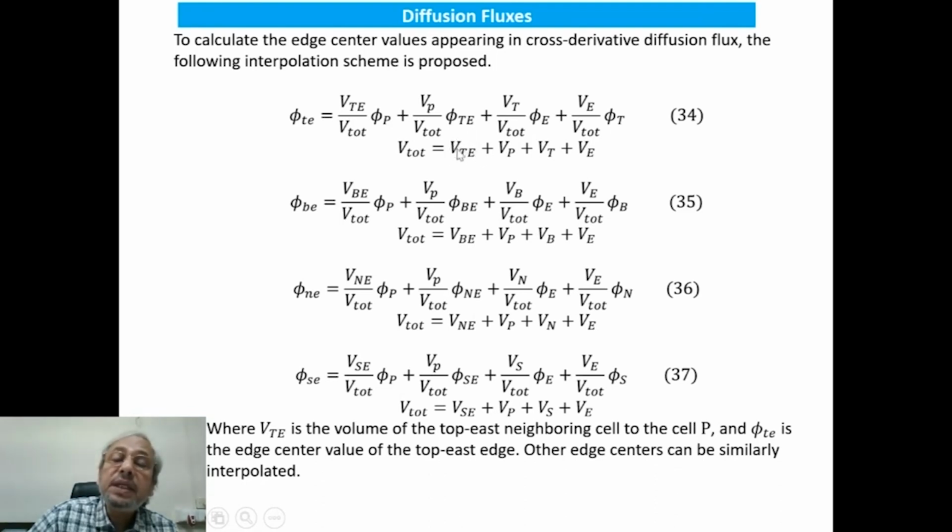VT, VP, cell of interest, Vt top cell over P cell and Ve eastern neighbor of cell P. So this is how phi Te is calculated, involving 4 neighboring cells.